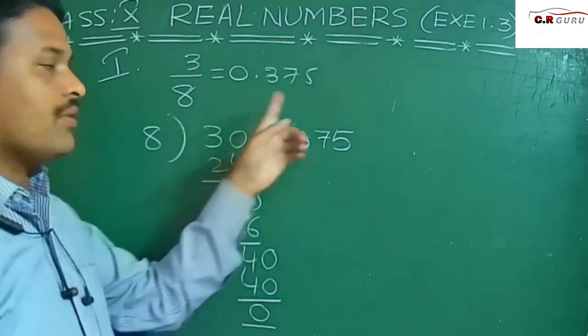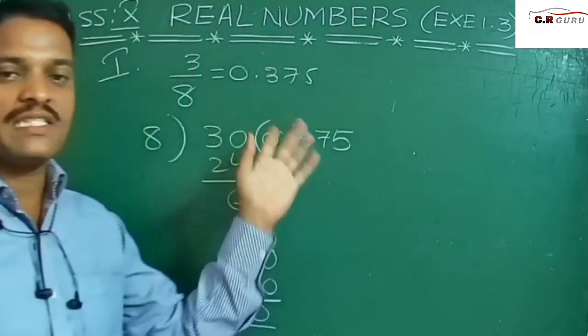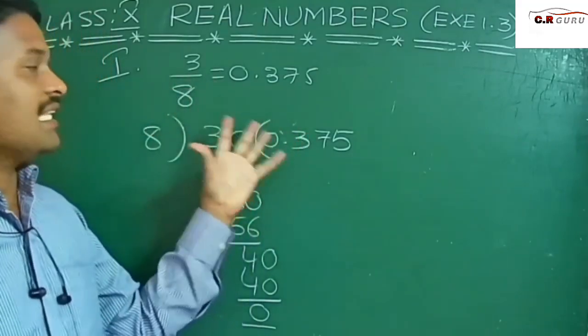This decimal part terminates, so it is called a terminating decimal.